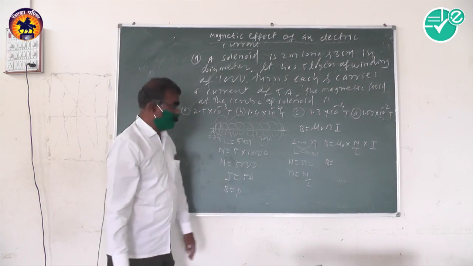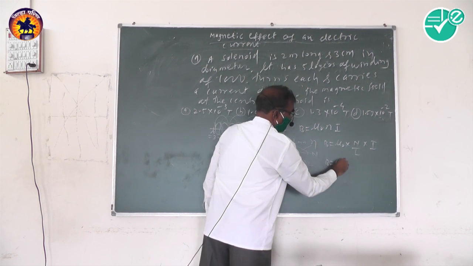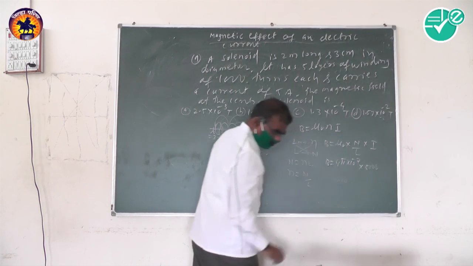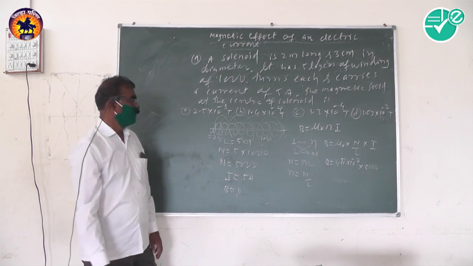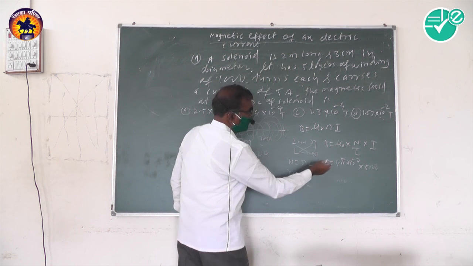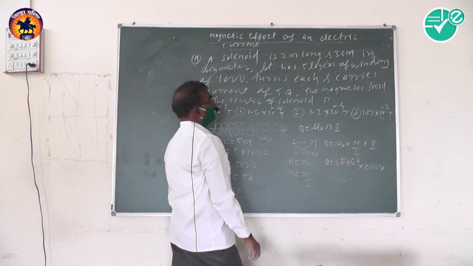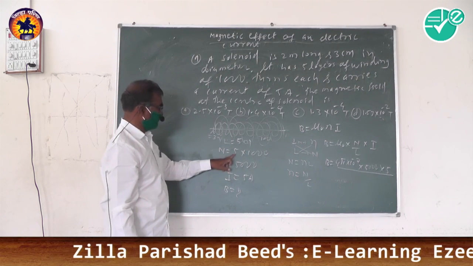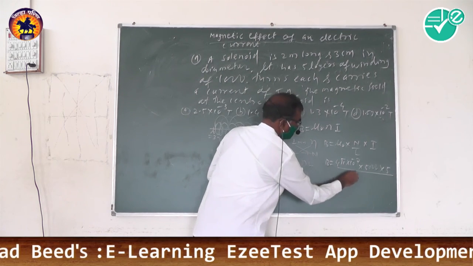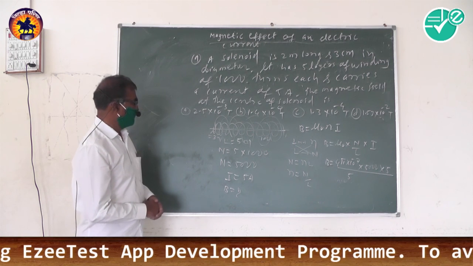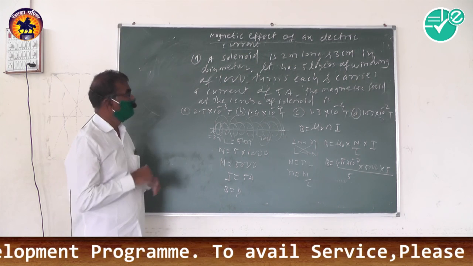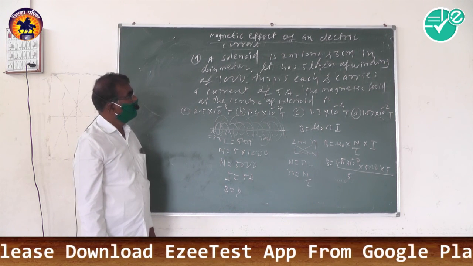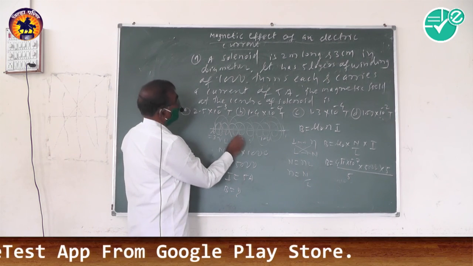The value of mu 0 is 4 pi into 10 raised to minus 7, into the number of turns 5000, into the current, which is 5 ampere, divided by L. The length is 2 meter.